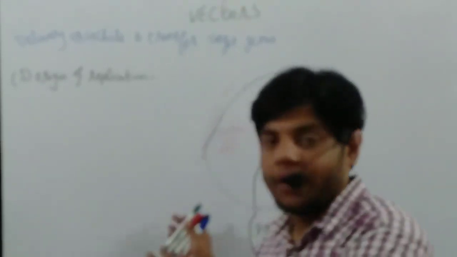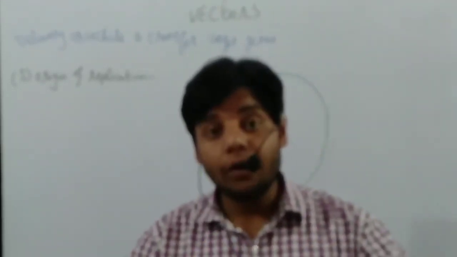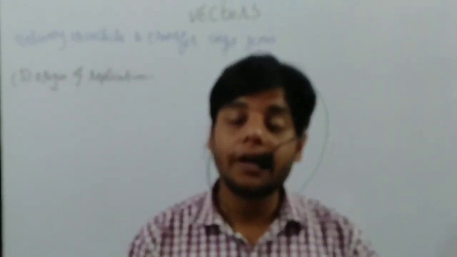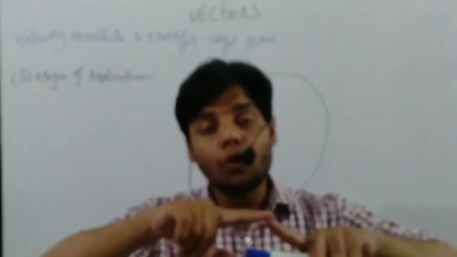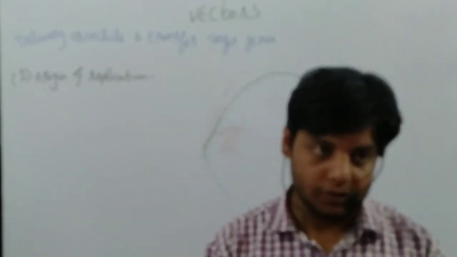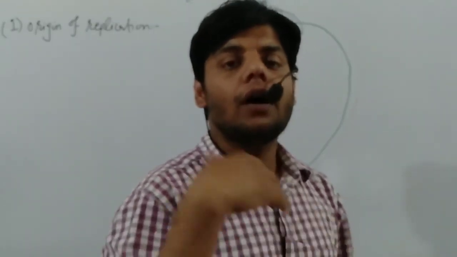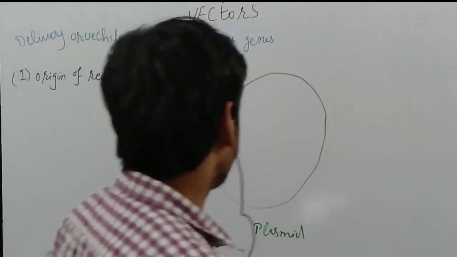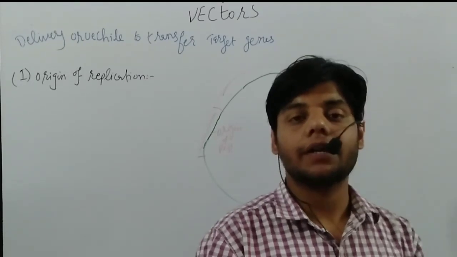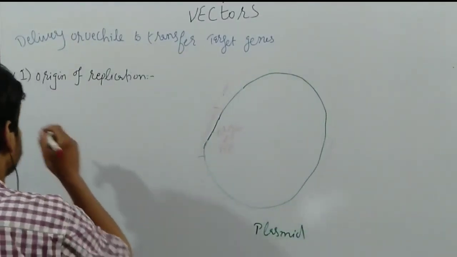But with the help of a vector, our gene of interest will not be degraded, and moreover it will be replicated, and we get multiple copies of our gene of interest. At the origin of replication, there is the start site where the replication is started. Now the second property: a vector should have multiple cloning sites. So let me write.